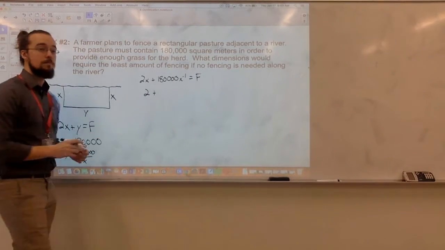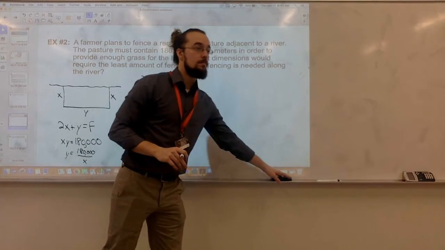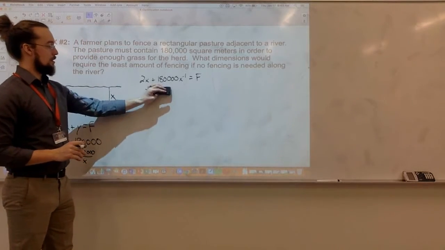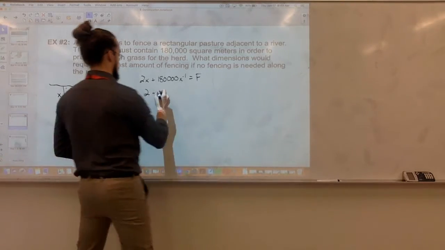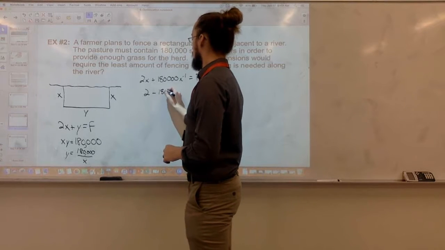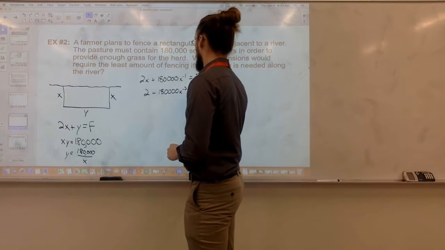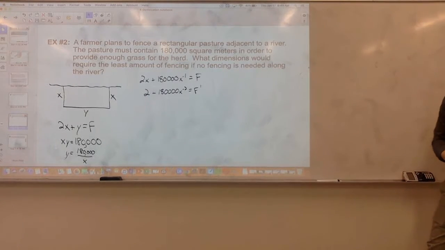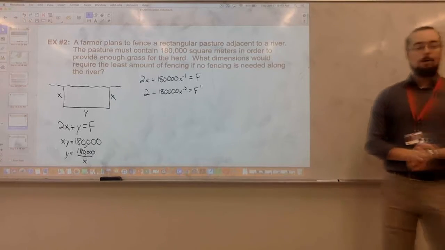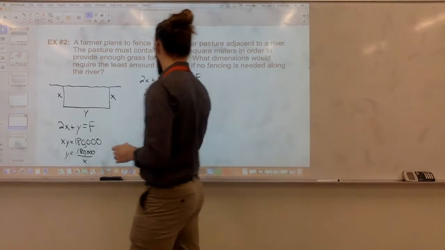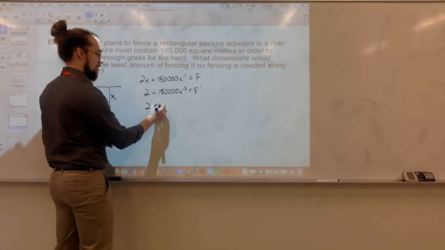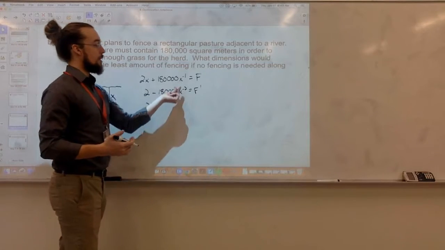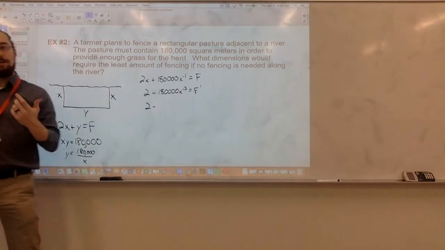Yeah, this is just one term. Okay. So now set it equal to 0. Now, when we're taking the derivative, it's easier to think about negative exponents.